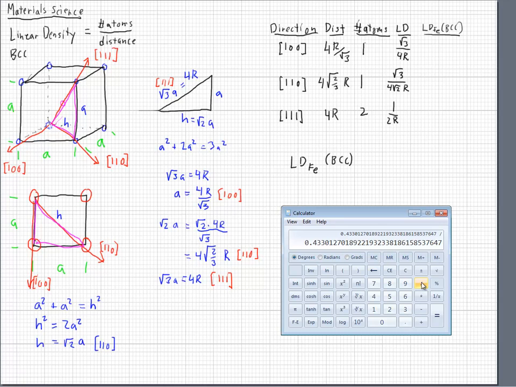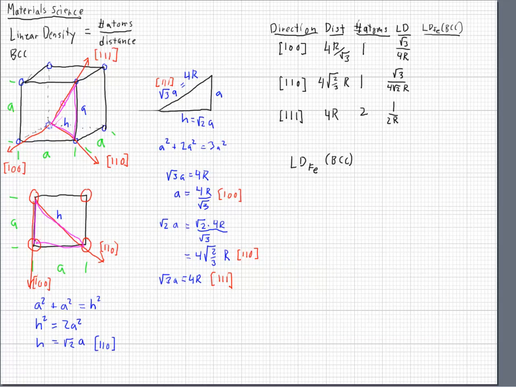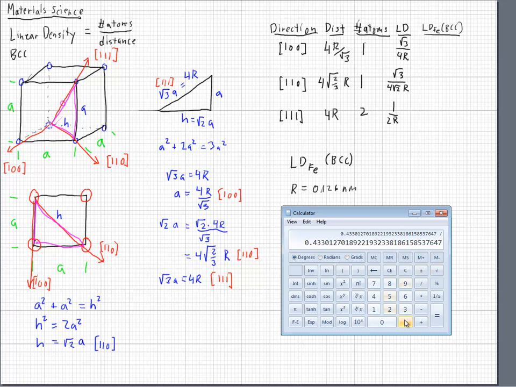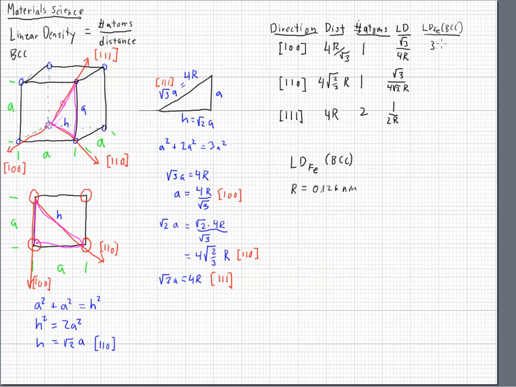Then we will divide by the radius of iron, which, as we just figured out, is 0.126 nanometers. 0.126, and that yields 3.44, and our units here are going to be atoms per nanometer.